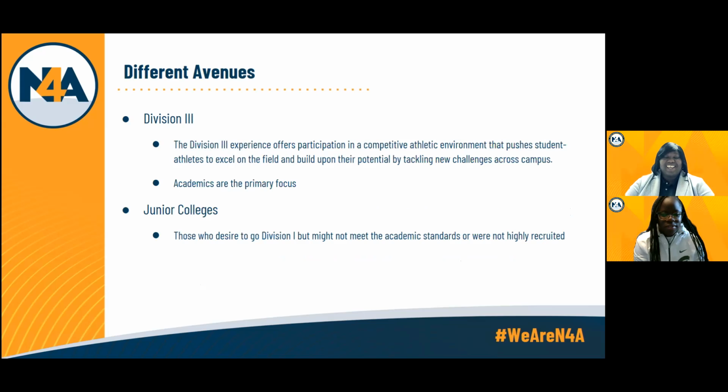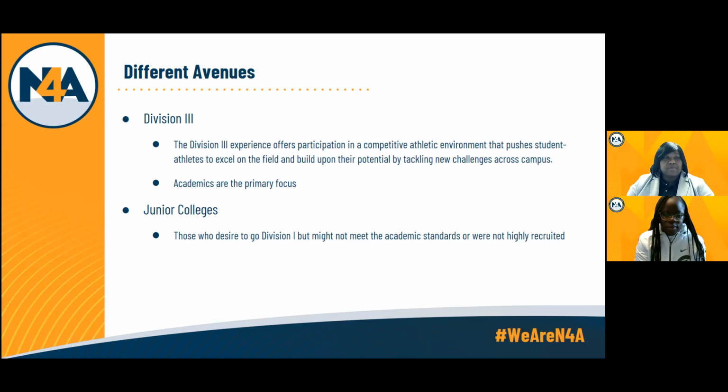And then when you look at Division III institutions, they offer participation in competition in athletic environments that push student athletes to excel on the field and build upon their potential by tackling new challenges across campus. So a lot of times in Division III, athletic scholarships are not offered.